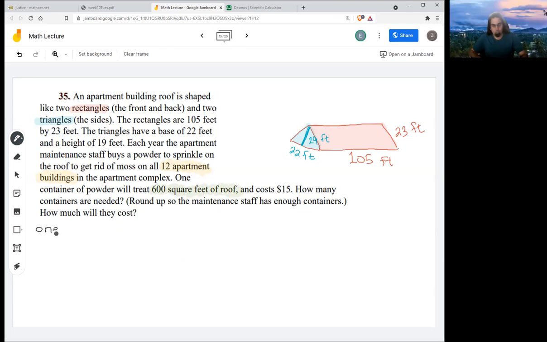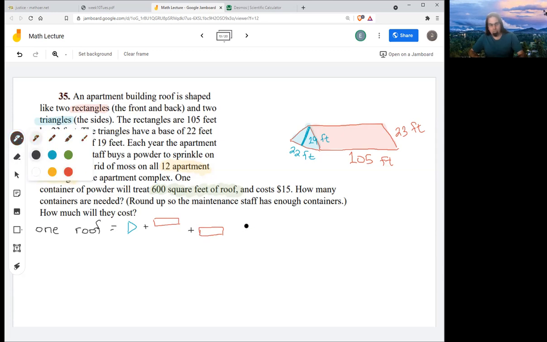So one roof has a triangle on this side, a rectangle on the top, the rectangle I know on the bottom, like away from you and towards you in my picture, right? And then the triangle on the other side.